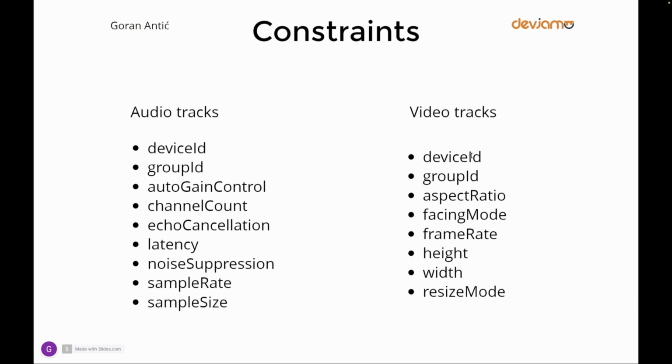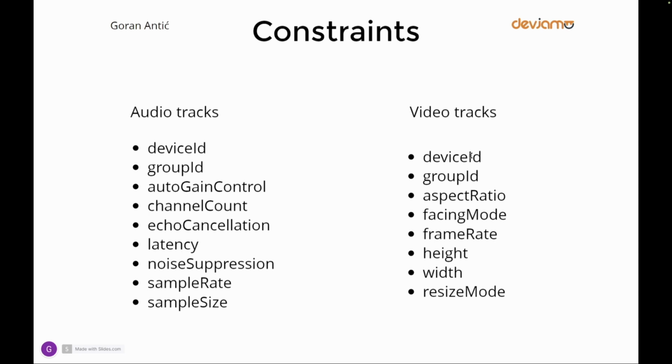Frame rates, height, width, this all depends on the capabilities of the hardware. You never know what it is, but if you put a number there, it's gonna try to grant the closest one that's capable on the device.